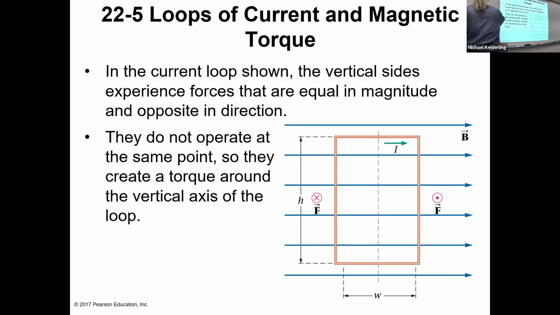But we have two forces. Each force is contributing this, so it's 2 times this. And so the torque ends up being current times length times width times magnetic field times sine theta, or current times area times magnetic field times sine theta.